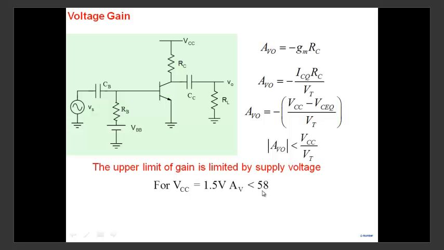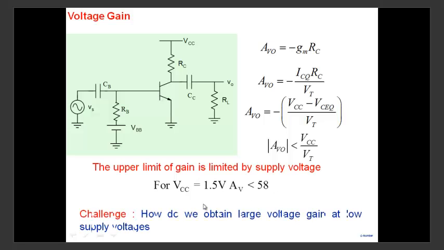If it's a hot summer and the temperature outside is 50, then the junction temperature may be 75, and you'll get even lower gain. So it's a real challenge: how do we obtain large voltage gain at low supply voltage?